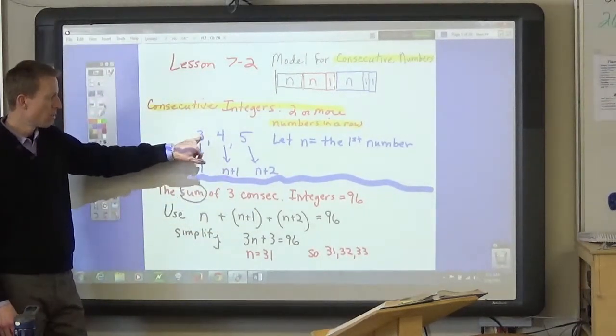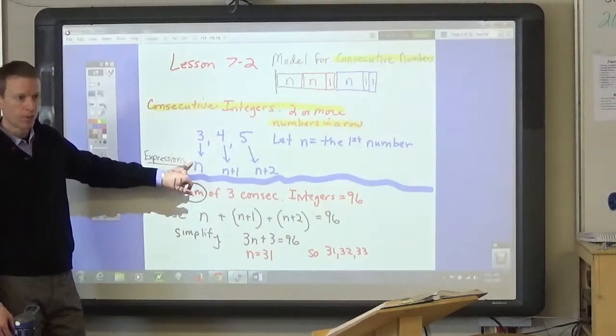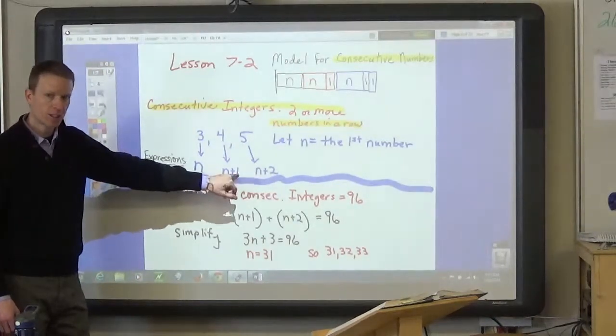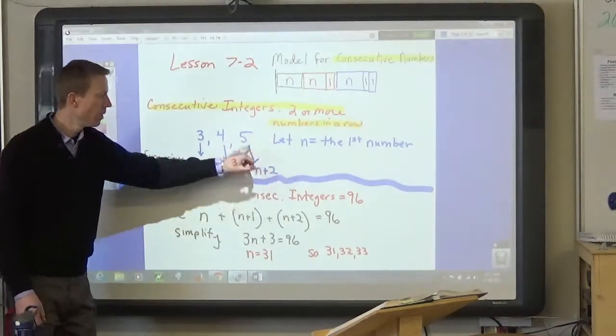Think about these numbers, 3, 4, and 5. If 3 is the first number, then 3 plus 1 equals 4, and 3 plus 2 equals 5.